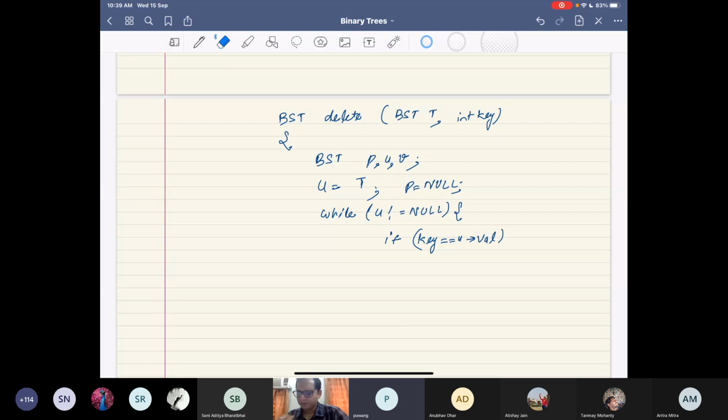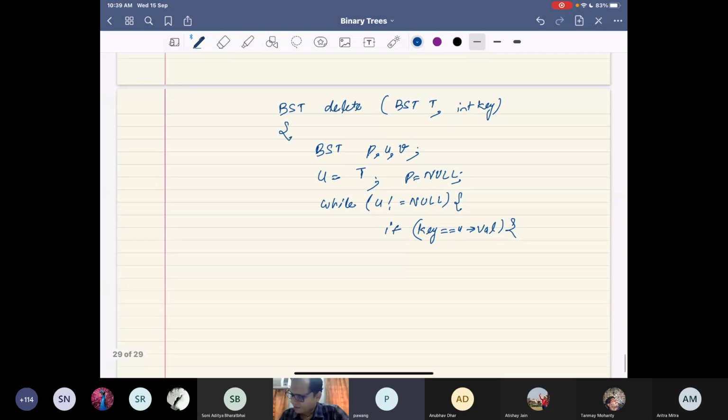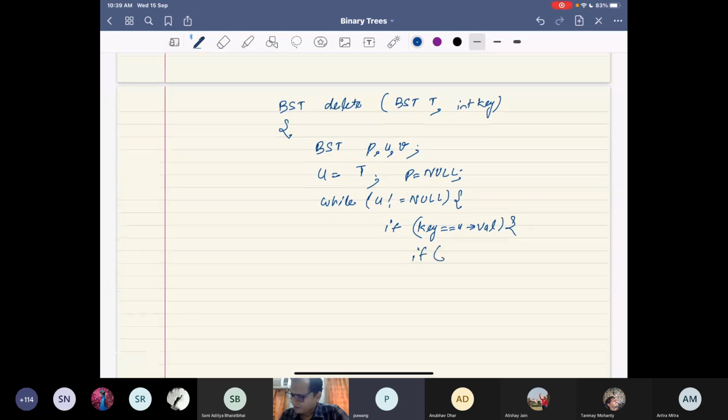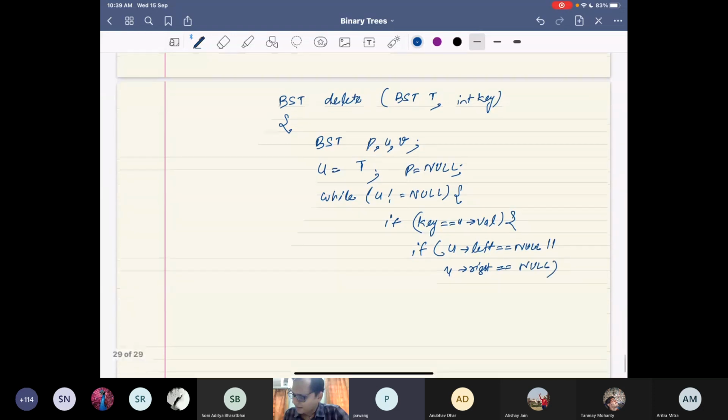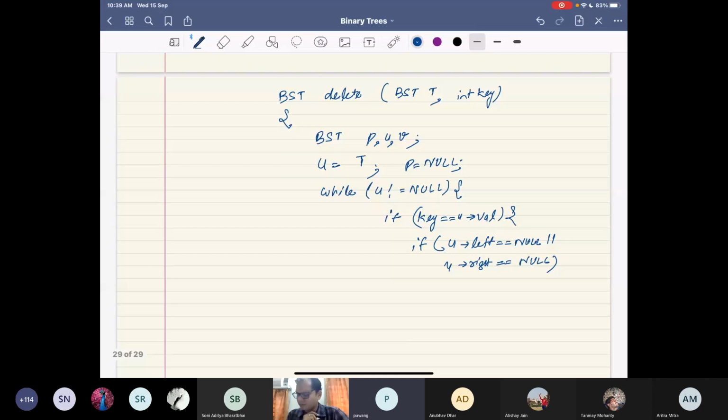What we are saying is, if the left is empty, if U left is equal to null, or U right is equal to null, that means it is one of the first two cases, not the case where both the children are there.